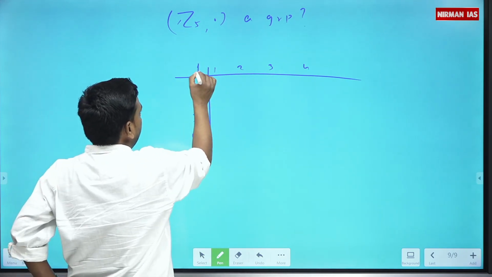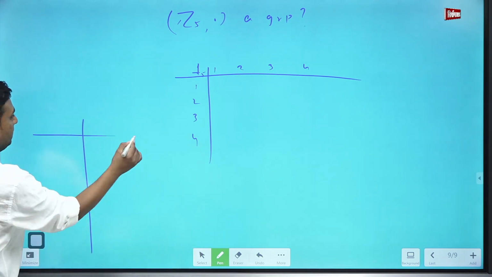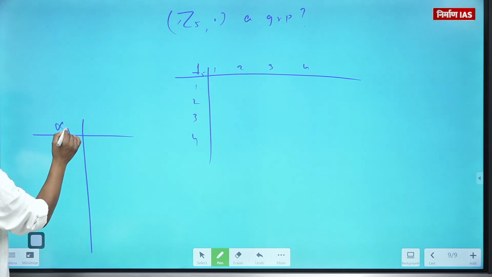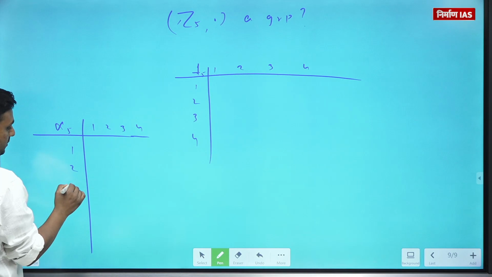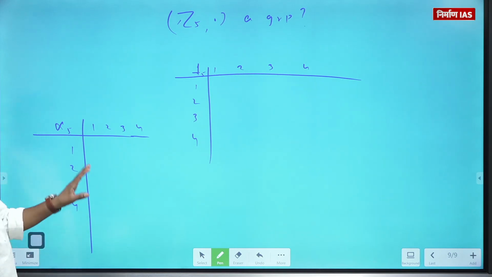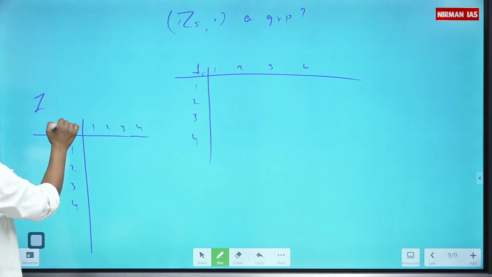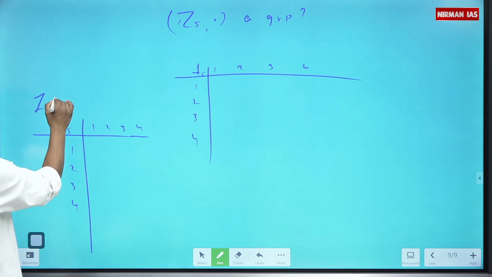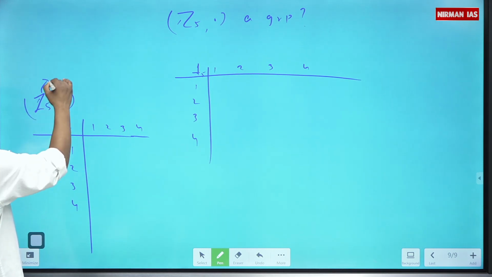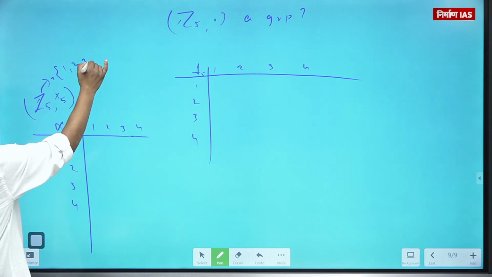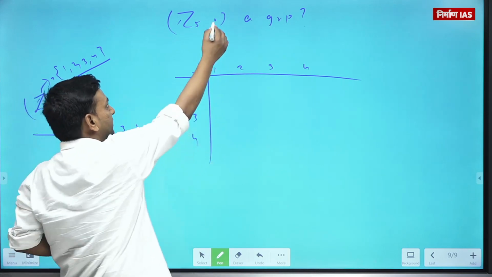First, let's say addition modulo 5, and in the other way, I will take multiplication modulo 5. Why am I writing here 1, 2, 3, 4? If I write Z5 with respect to multiplication modulo 5, then I will represent this set as 1, 2, 3, 4, the non-zero classes. Here I will take 0 as well.